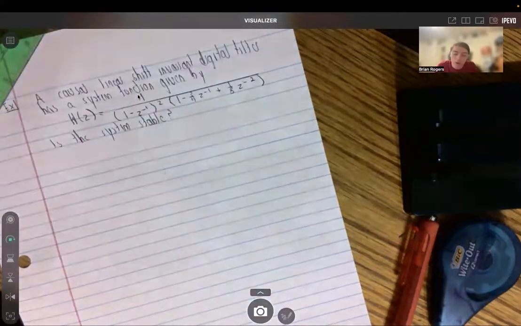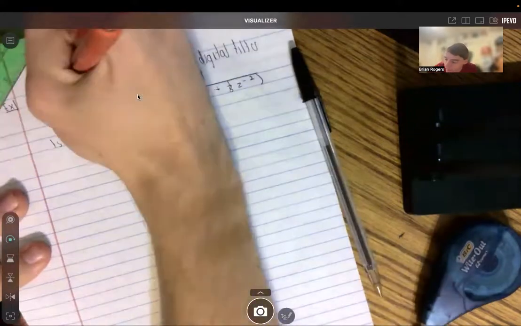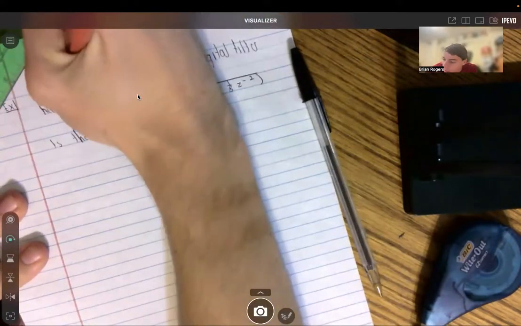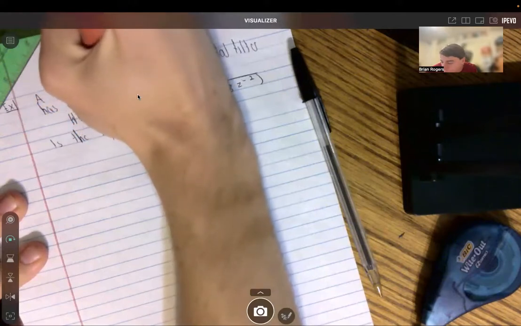And so remember, for stability, it had to include the unit circle. And for causality, it had to be the exterior. Let me just define that. Remember, when it's causal, it is the exterior of the circle.